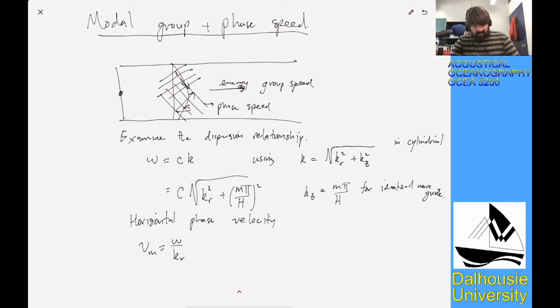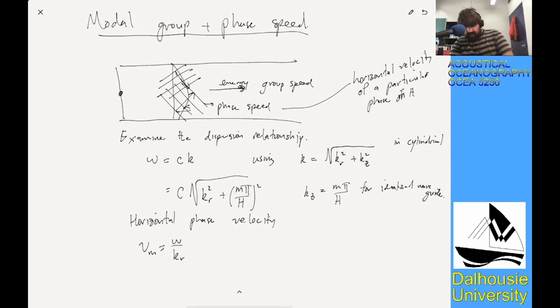So exactly as I've drawn here, the phase speed is this horizontal velocity of a particular phase. So this is not the energy. It's the particular phase of the plane wave.